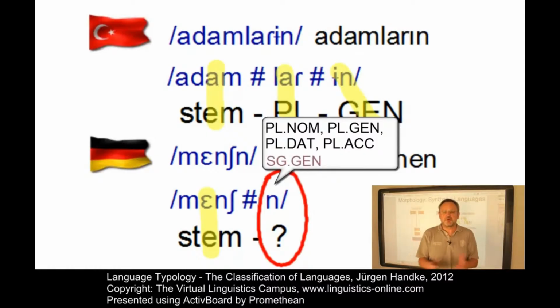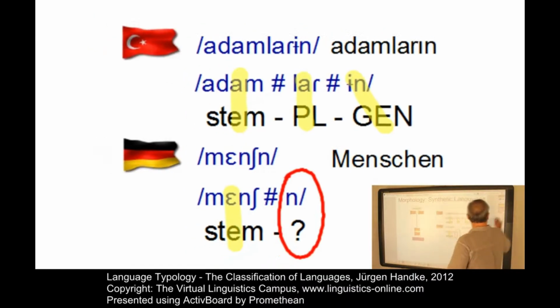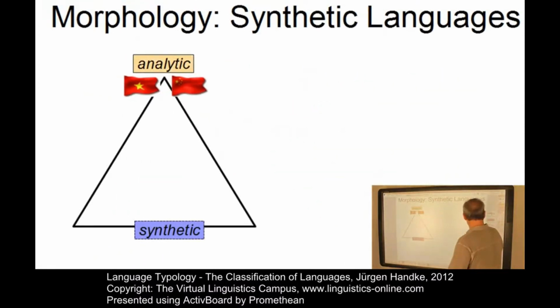It can even denote the singular genitive, as in des Menschen Gesicht, the human's face. In other words, whereas in Turkish the bound morphs are functionally unambiguous, in German the bound morphs exhibit several grammatical functions. Thus, depending on the function of these morphs, we can define two types of synthetic languages.